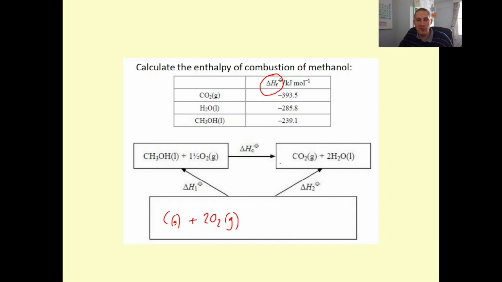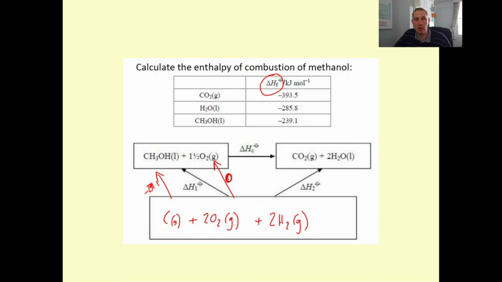We've also got 4 hydrogen atoms on each side, so I'm going to need 2 H2 gas. Right. Making ethanol. So coming up here, that is minus 239.1. Making 1.5 oxygens. Right, well, here's the thing. That's going to be 0, because turning oxygen into oxygen, there's no energy change.